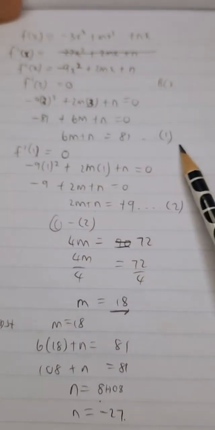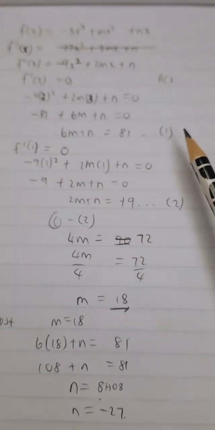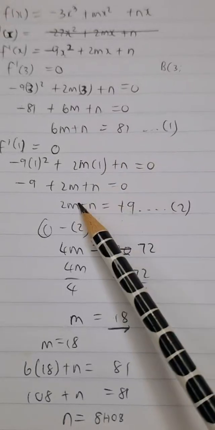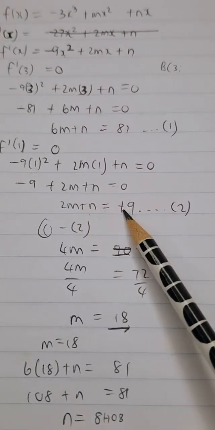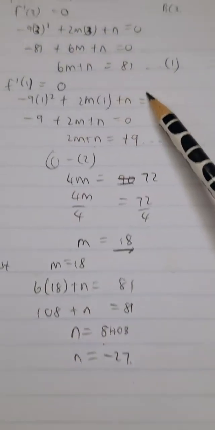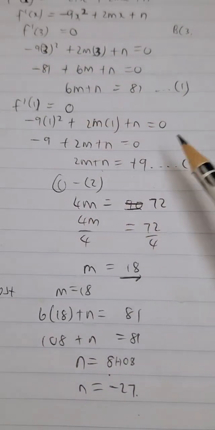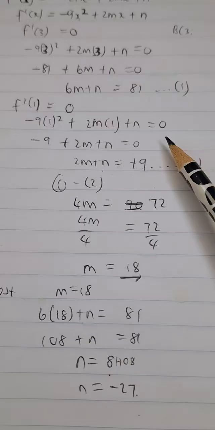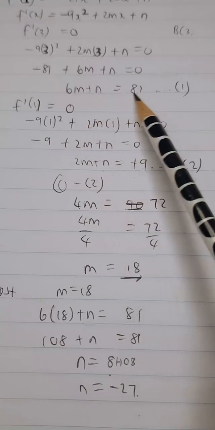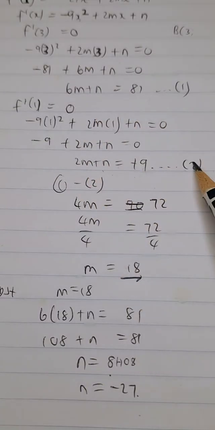This is like a grade 10 simultaneous equation where we have 6m plus n is equal to 81 and 2m plus n is equal to 9. I personally used the elimination method. You could use the substitution method. That's your equation 1, that's your equation 2.